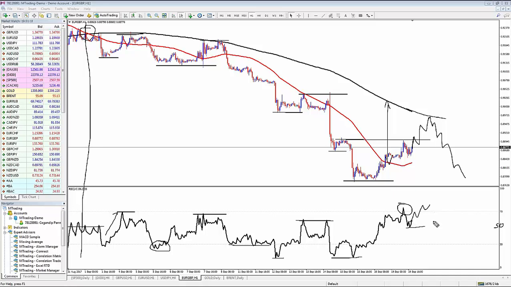So if we start to see more buying pressure, something similar to this, then I could potentially look for a move and a breakout to the top side. And that could be my potential reversal at this point here.